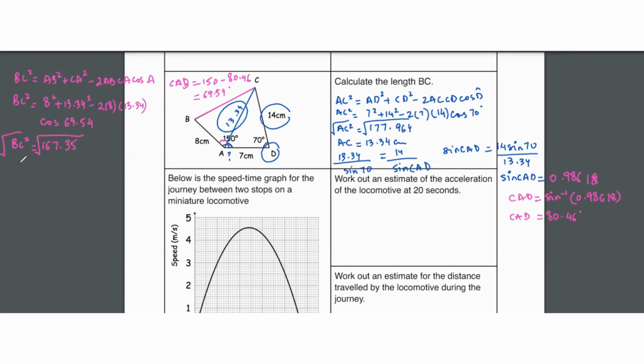Square root both sides, and BC will equal 12.94 centimeters. So as you can see, all the steps are connected. If you get one value wrong, your entire question will be incorrect. So you have to do this carefully step by step, find each of the missing values, and then reach your value of BC.